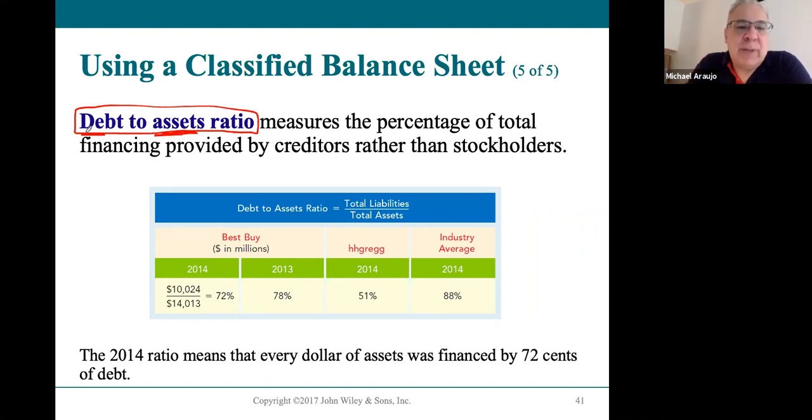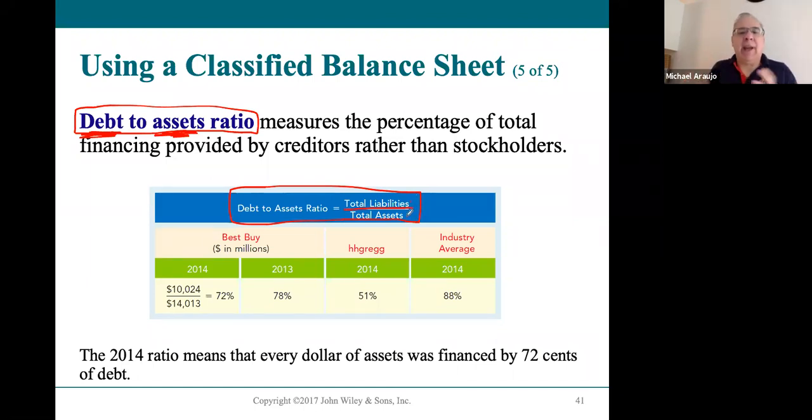So this ratio looks at total liabilities compared to total assets. It's a very simple ratio from the balance sheet, because the balance sheet lists total liabilities and total assets.